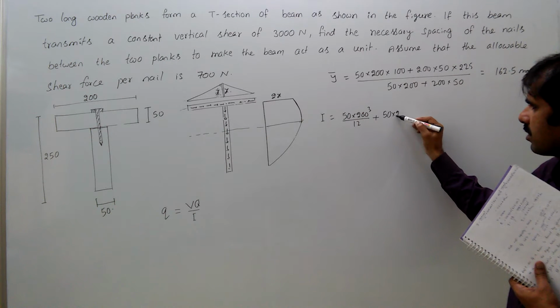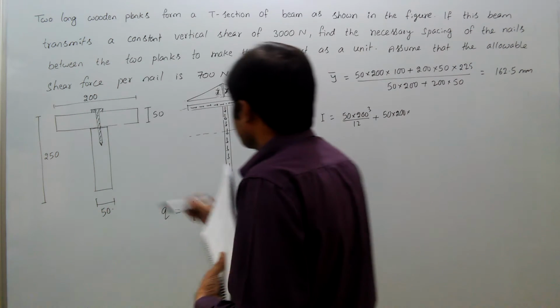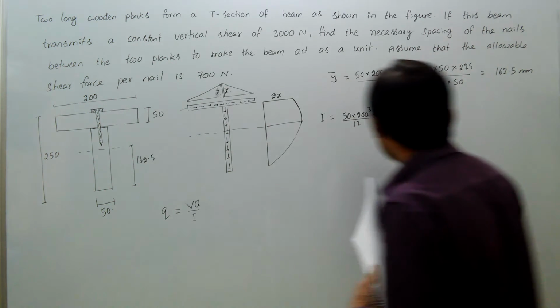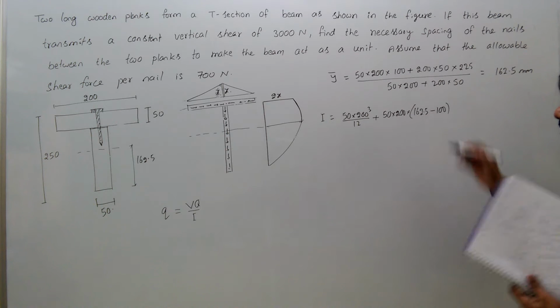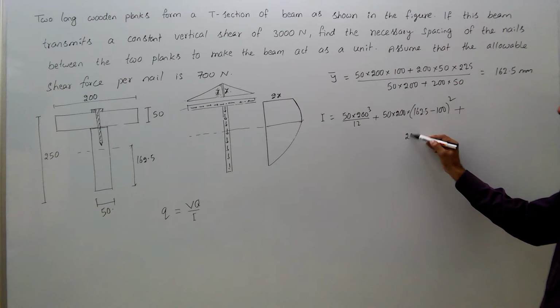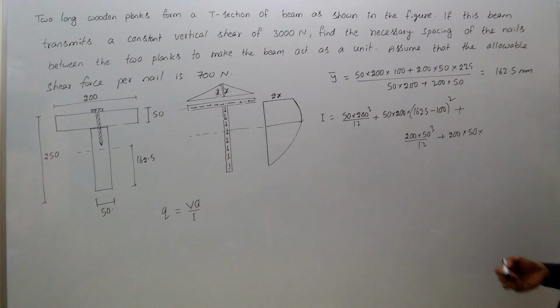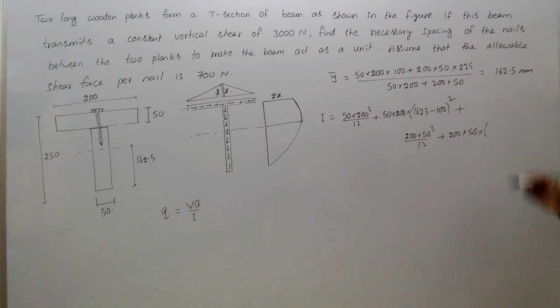That means area 50 into 200 and distance is its own centroid to the centroid of the whole section, 162.5 minus 100, whole square, plus flange moment of inertia 200 into 50 cube by 12 plus flange area 200 into 50 into (225 minus 162.5) whole square.